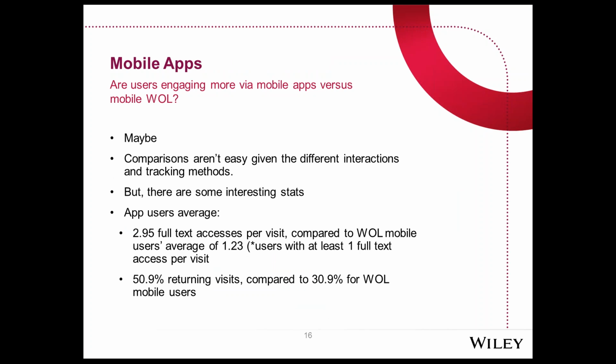And we are managing to, we think, engage readers this way. The users who are using apps, as opposed to just using the mobile version of Wiley Online Library, are actually viewing more full text and returning more often.